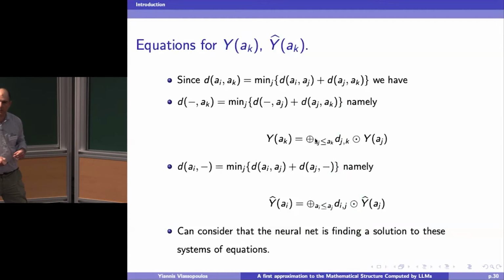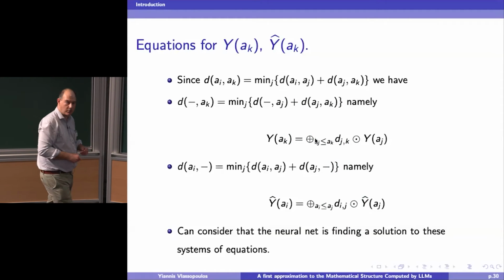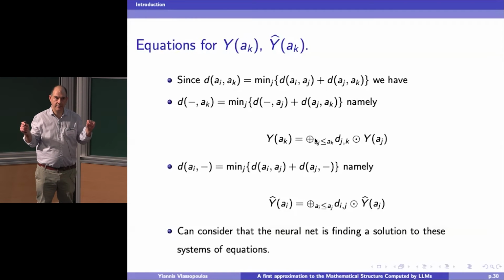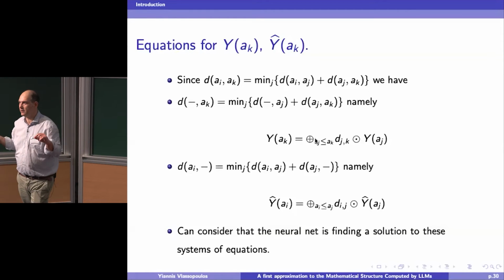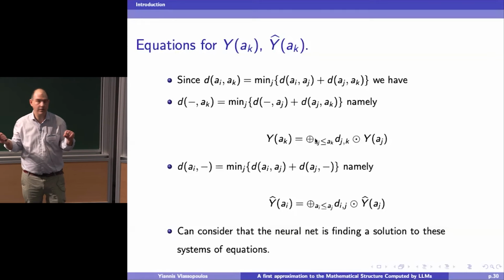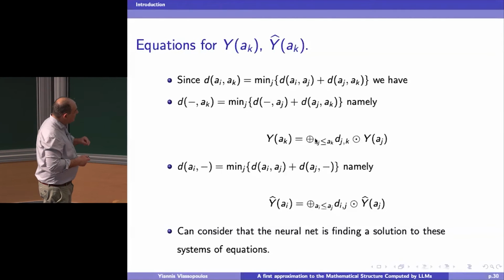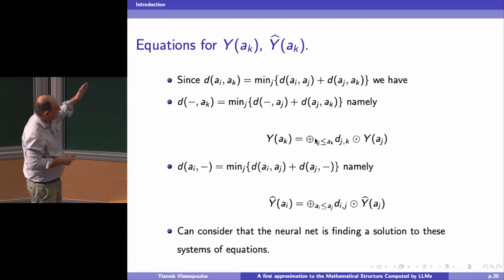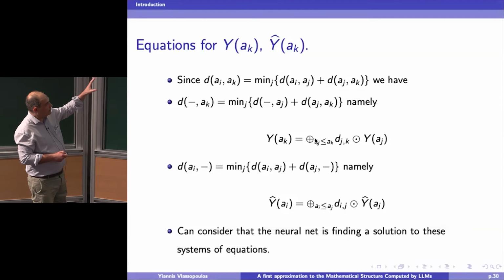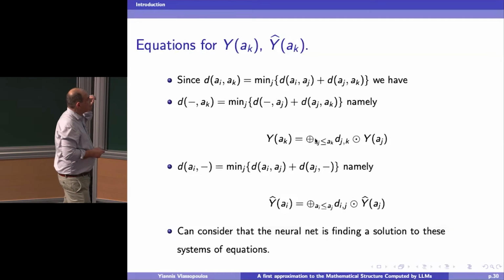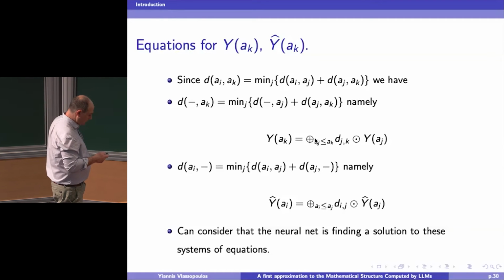So there's the dual situation. Usually in large language models, we always think about extensions, but this seems to say that actually we could consider, dually, just restrictions and get similar results. And then in one way, we can consider that the neural net, when it's learning all this, is finding solutions to the system of equations, basically.